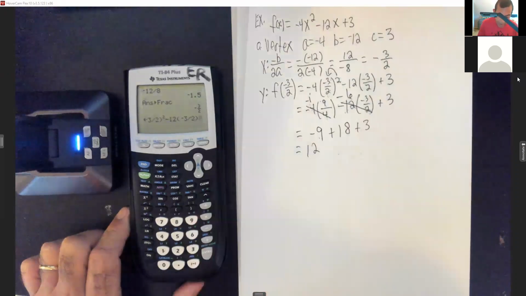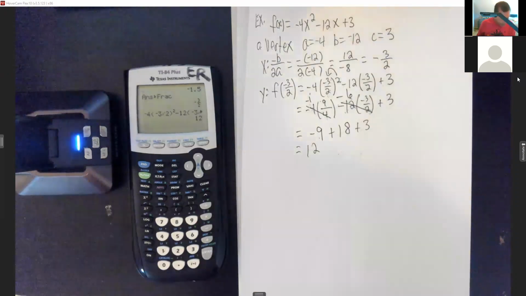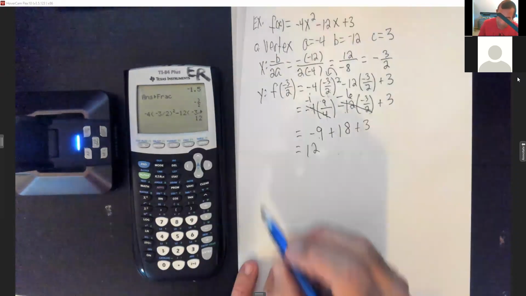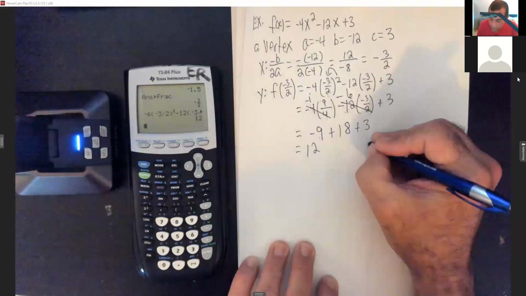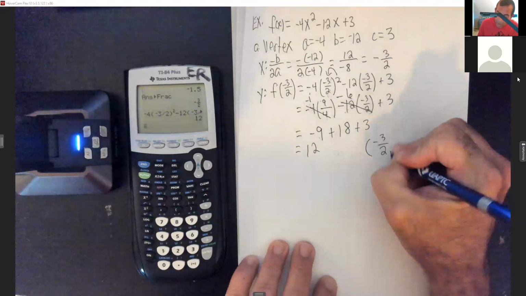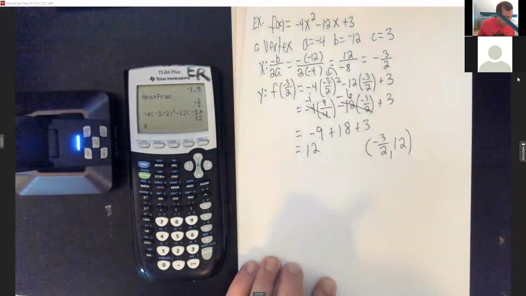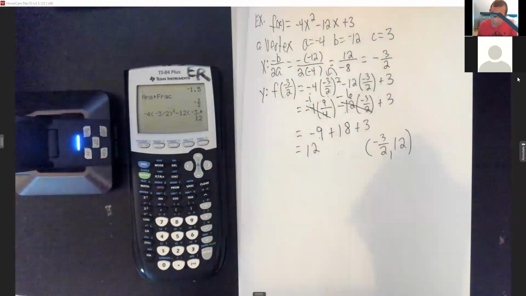And then plus my 3, we should get 12. All right, so that was my vertex. My vertex was, oh, where'd my x go? -3/2, y value 12.